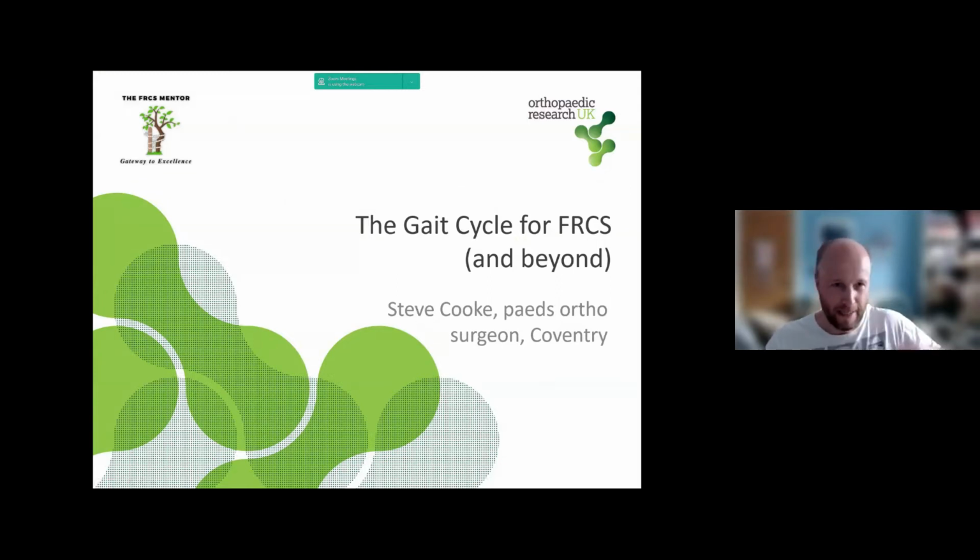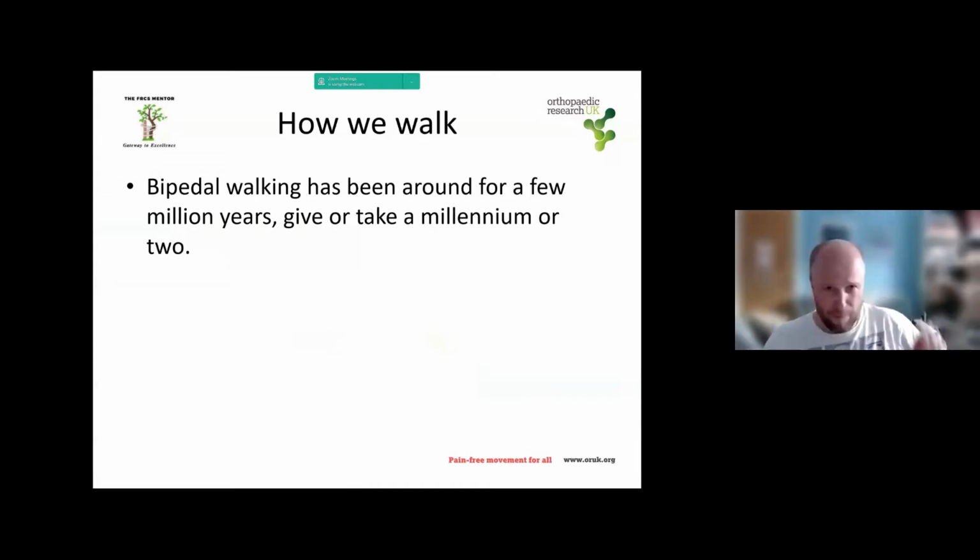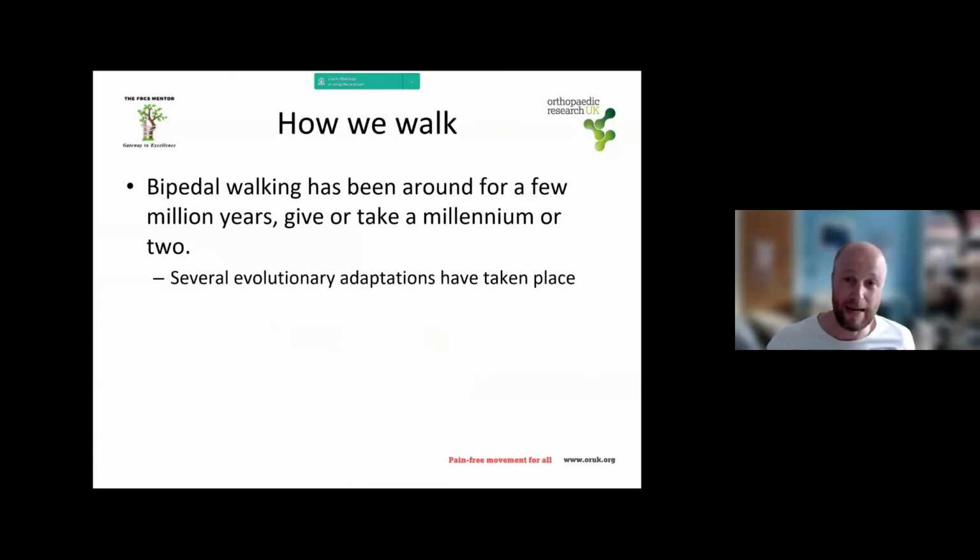All right, so bipedal walking is actually surprisingly recent. It's been a couple of million years or so since bipedal walking started, and compare that with quadrupedal walking, which was something like nearly 360 million years ago, when the first quadruped was on land. So there have been some evolutionary adaptations to our anatomy and physiology to allow for bipedal walking, but it's nowhere near as well adapted as quadrupedal walking.